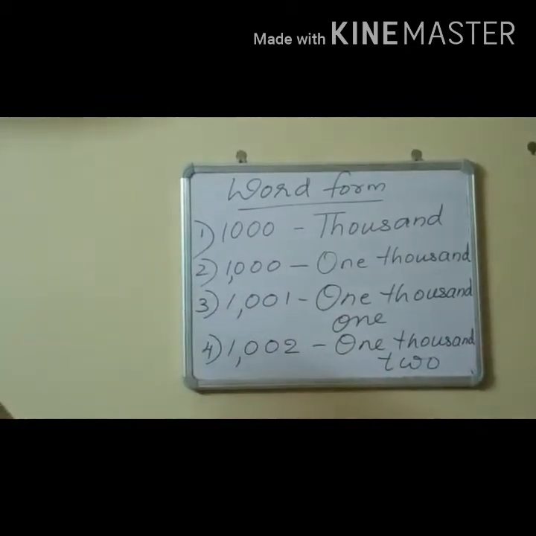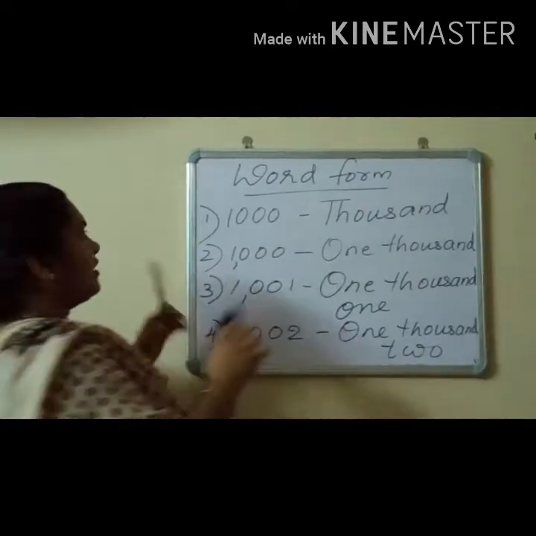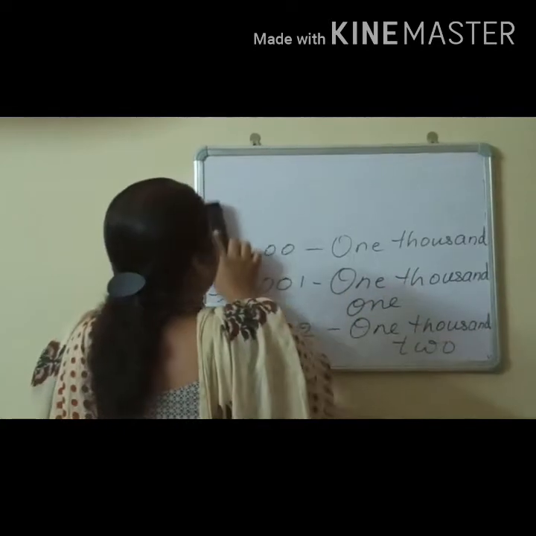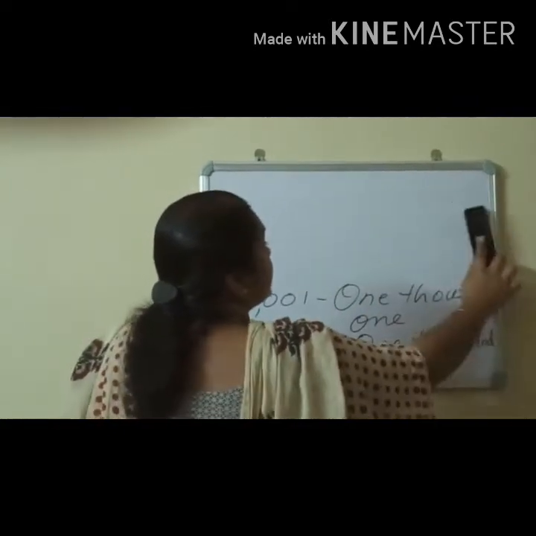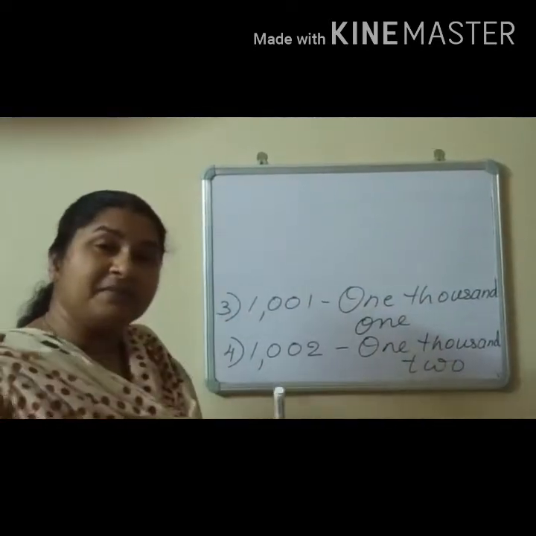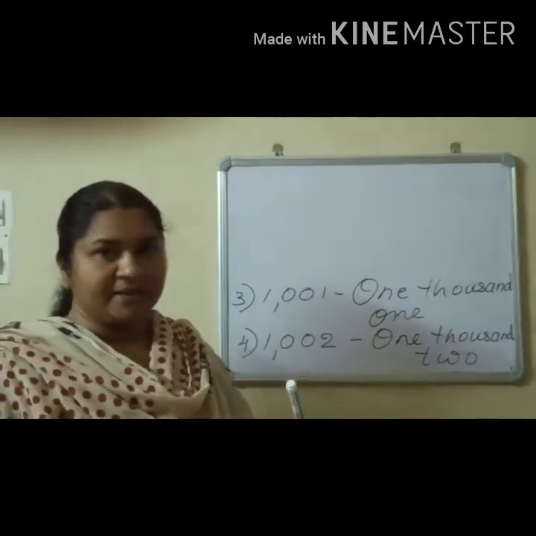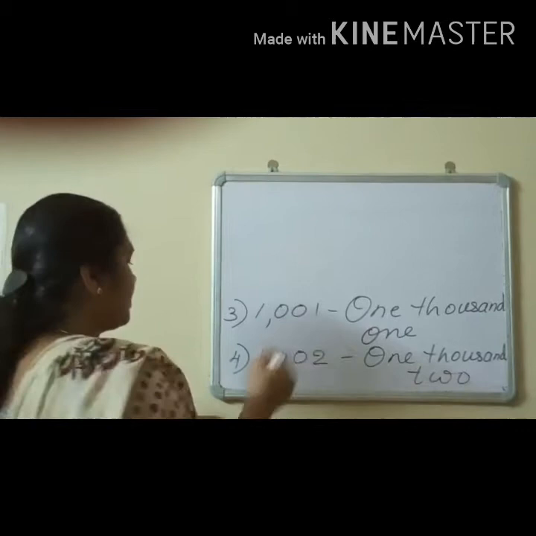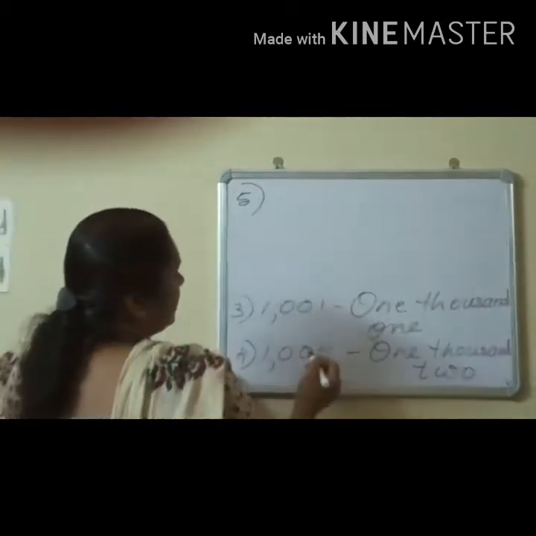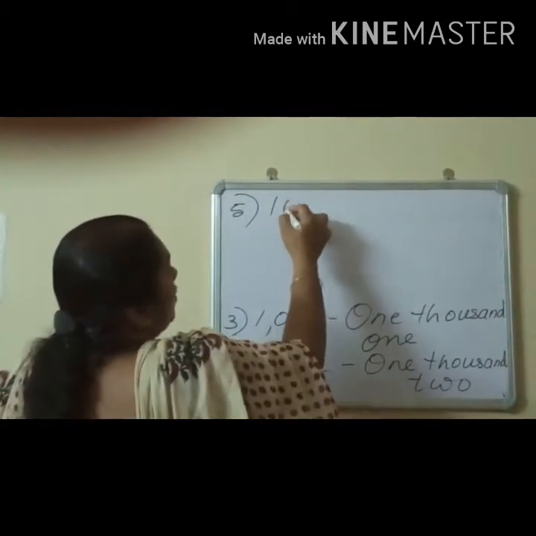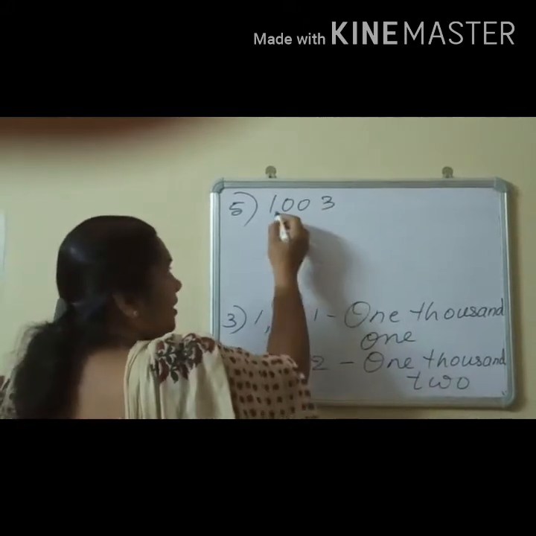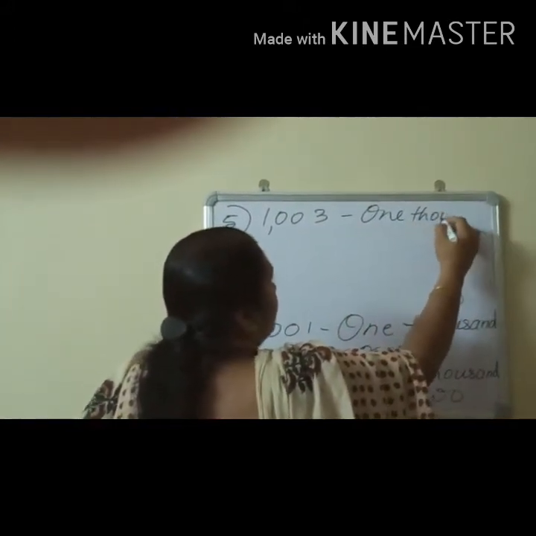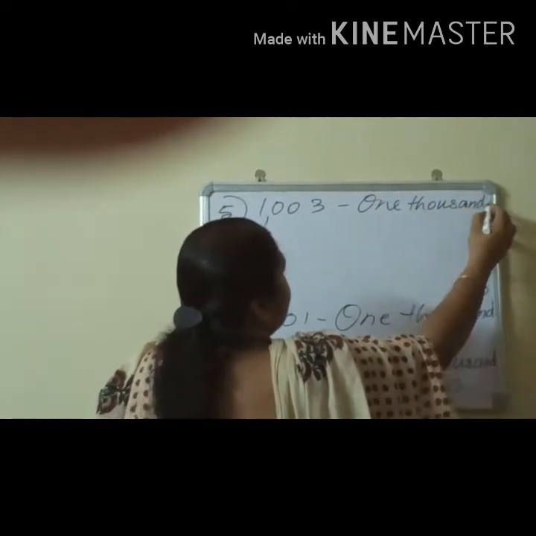What is the next number? If we go on writing these numbers like this, it will take a long time. That's why I'm going like this. Okay. So next number after 1002 is 1,003.